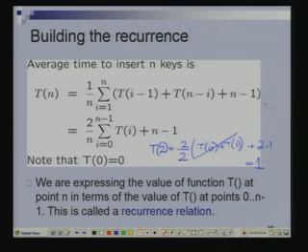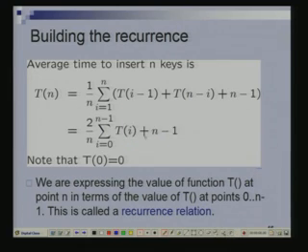Right. And if you are not convinced so far, let us also compute T of 3. So, T of 3 will be 2 over 3 times T of 0, which is 0, so let me ignore that. T of 1, which is also 0, let me ignore that.